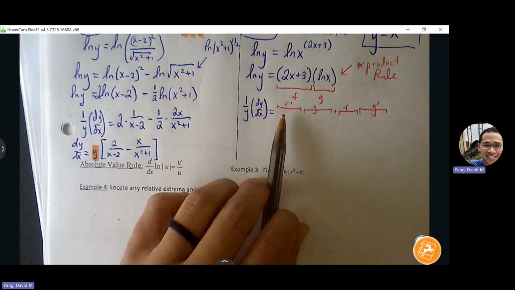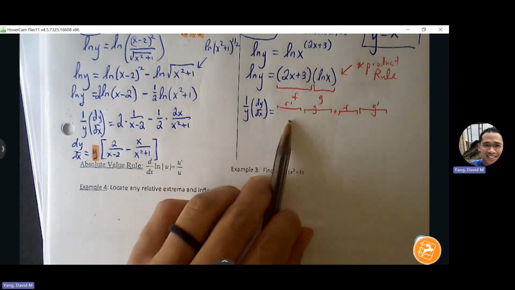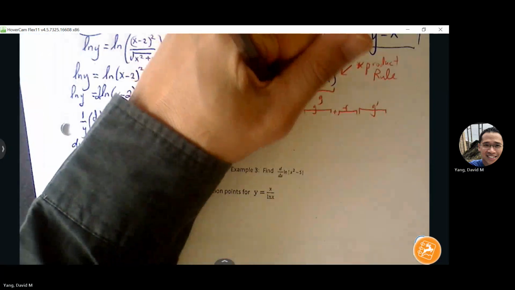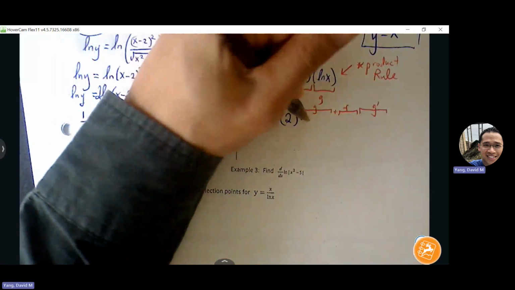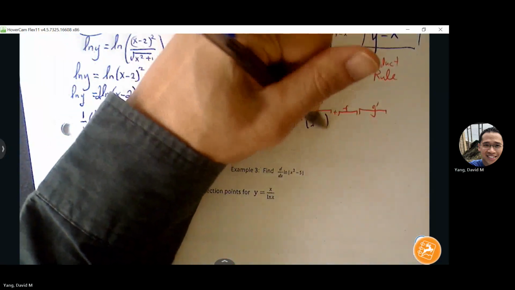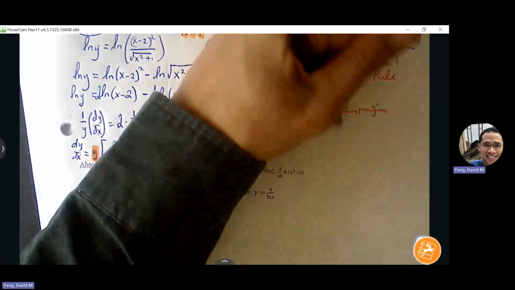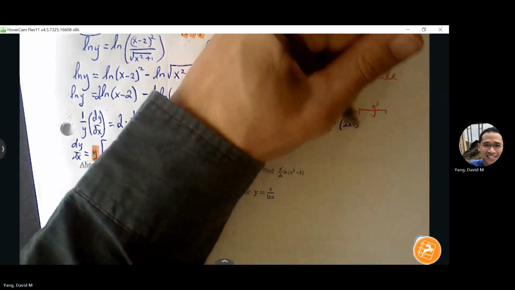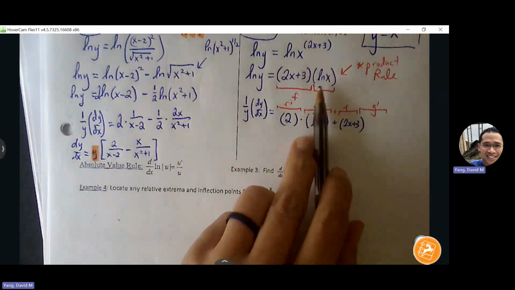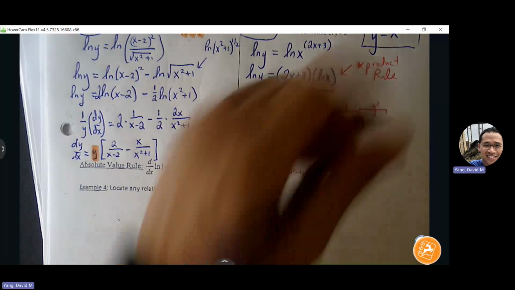Okay, let's step through our derivative here. So 2x plus 3's derivative is 2 times g. Back to f times g prime. What's natural log of x's derivative? 1 over x.